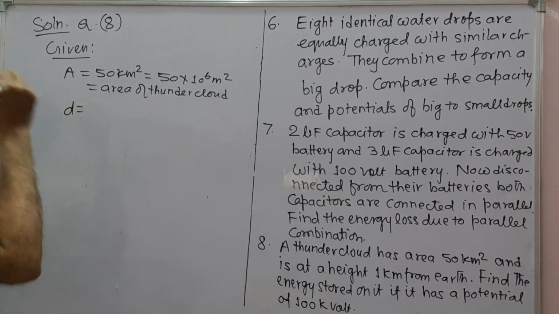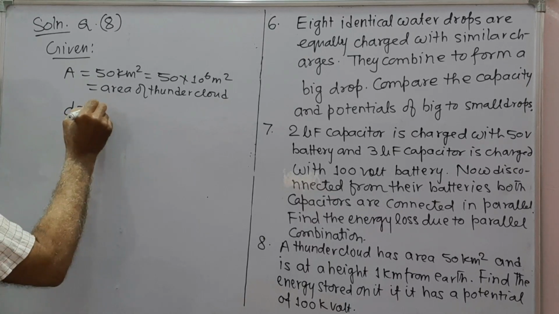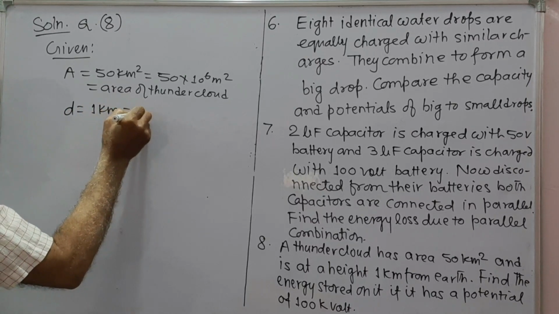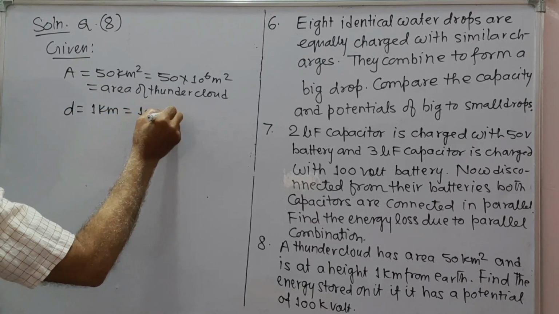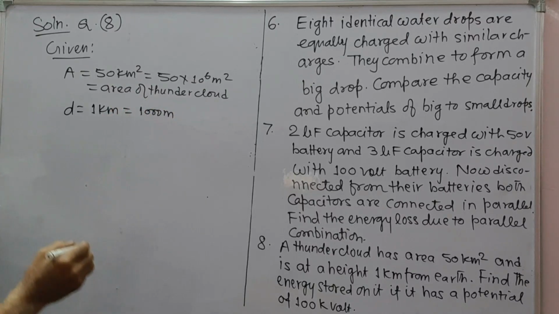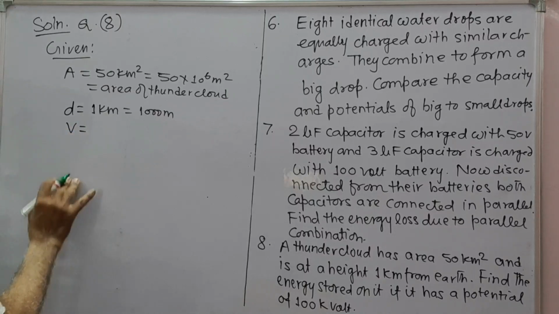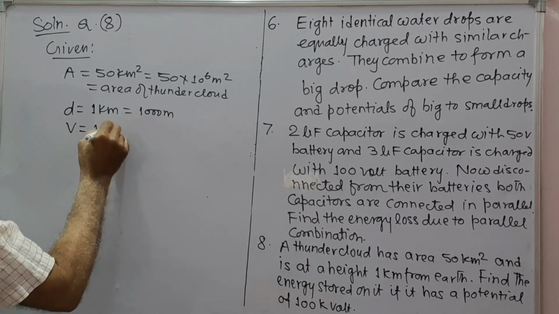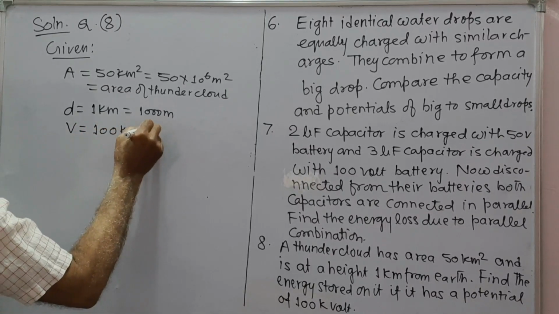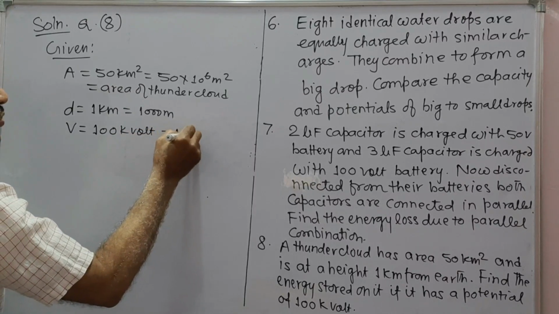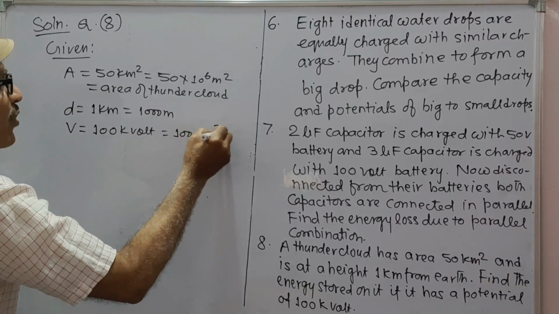D is the distance of the thundercloud from earth, 1 kilometer, which is 1000 meter. Potential difference between thundercloud and earth is 100 kilovolt, means 100 into 10 to power 3 volt.